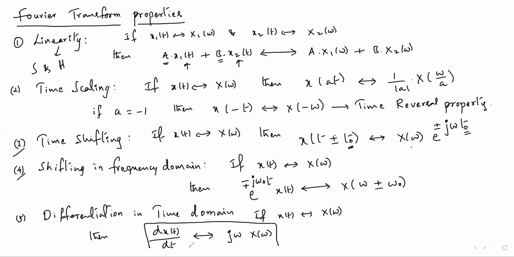Just x of omega multiplied by j omega. Differentiation in time domain property. Hope all of you noted this. I'm going to the next page.